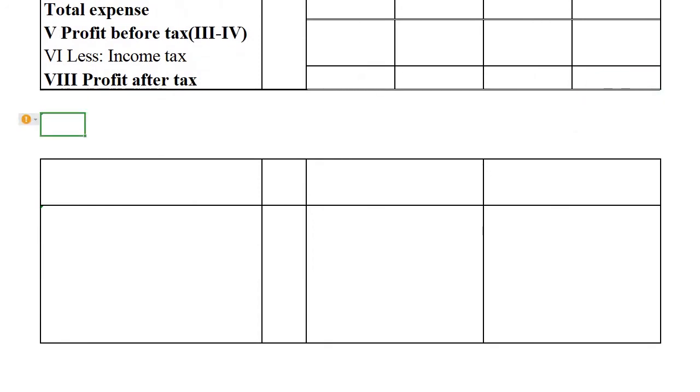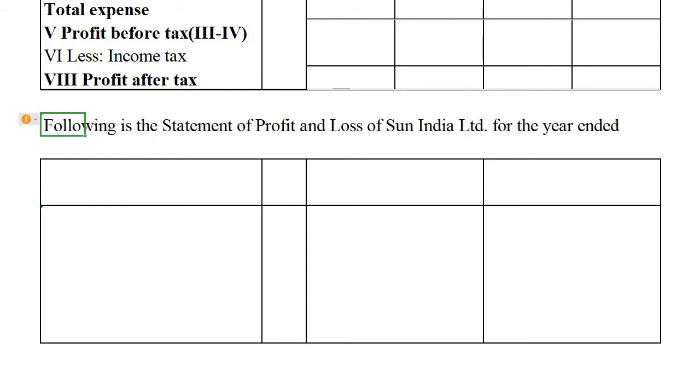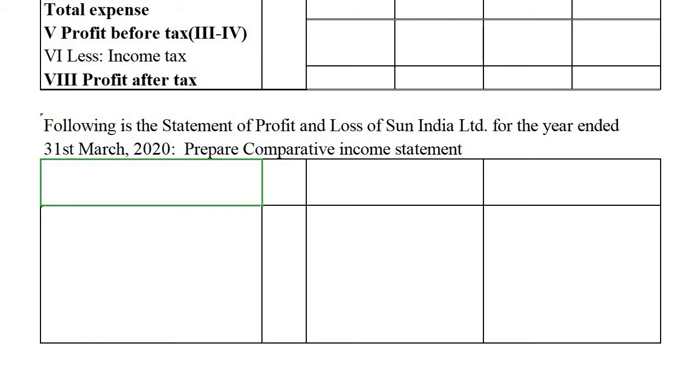Here is the question. Following is the statement of profit and loss of Sun India Limited for the year ended 31st March 2020. So this is the question.